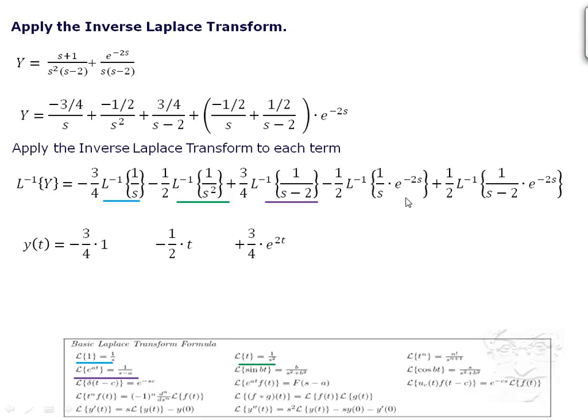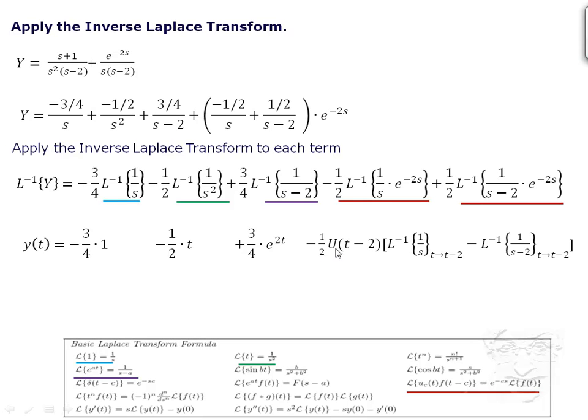On the right side, when we have this e to the negative 2s, that's going to give us our unit step function. So they both have e to the negative 2s. It's going to give you the unit step function u of t minus 2.